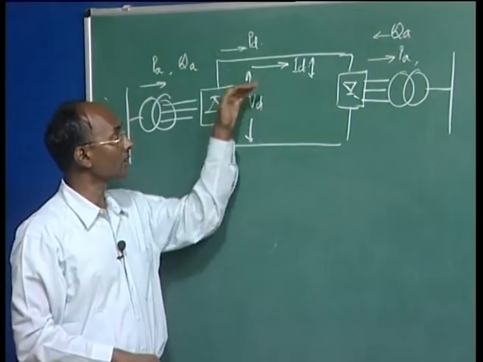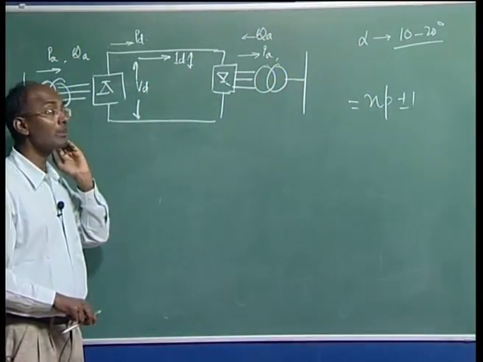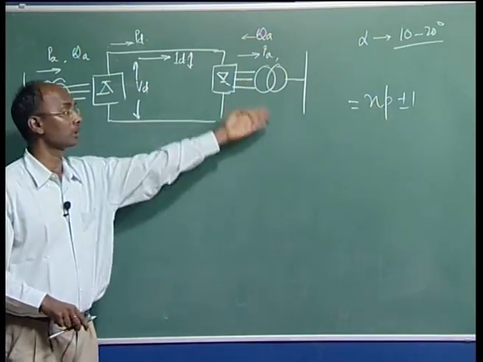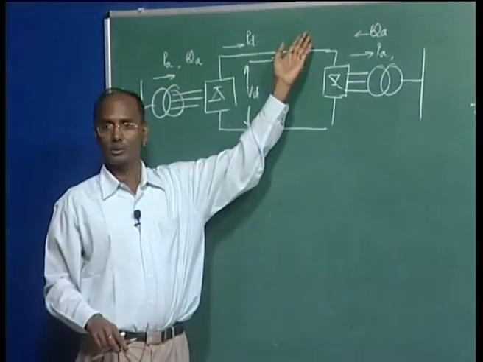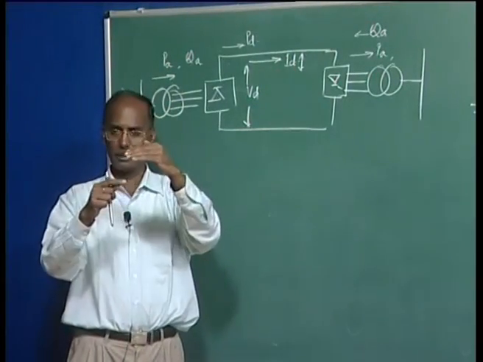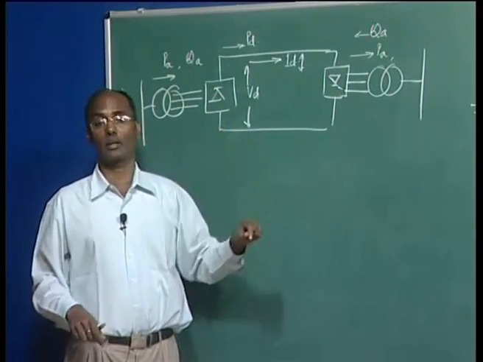So we want this current to be a fixed value in steady state. Also in an emergency condition, say the voltage has gone down or there is some fault on this side, the current should not exceed a maximum limit, and the controller should take care of that.